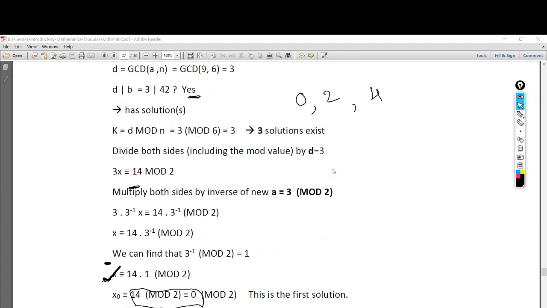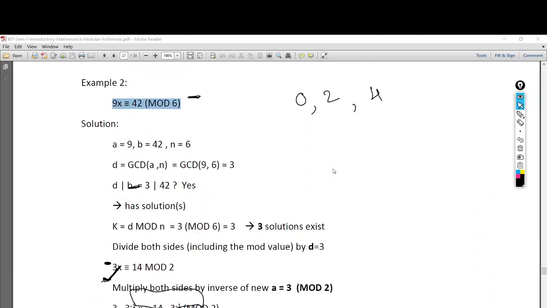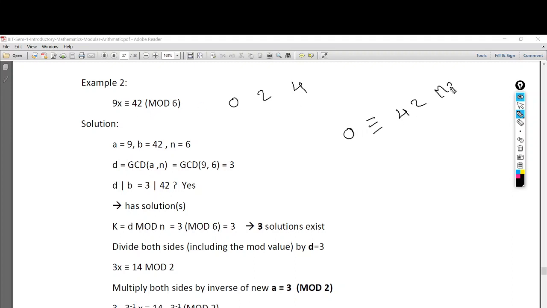Let's double check the answers. Okay, I deleted everything. 0, 2 and 4. If it is 0, 0 is congruent to 42 mod 6. That is correct, because 42 is divisible by 6. Yes, 0 is an answer.